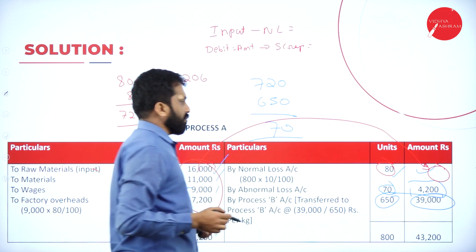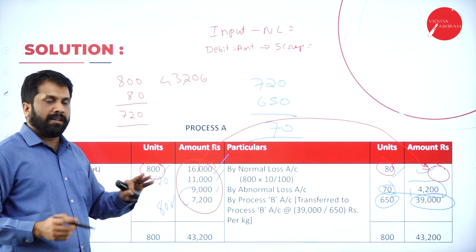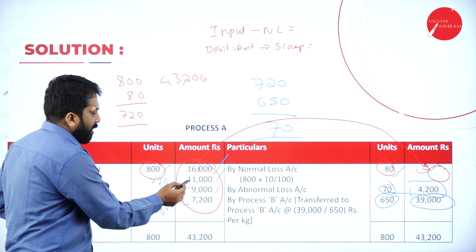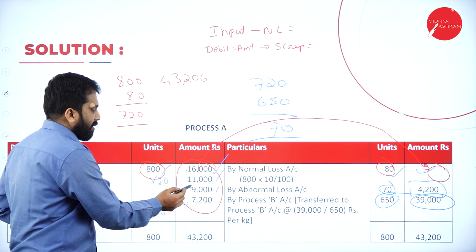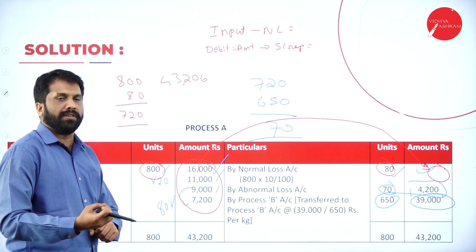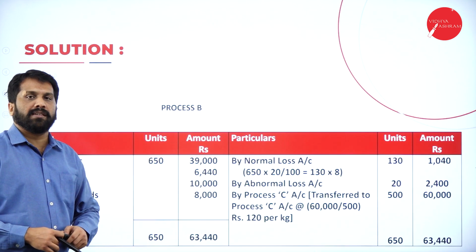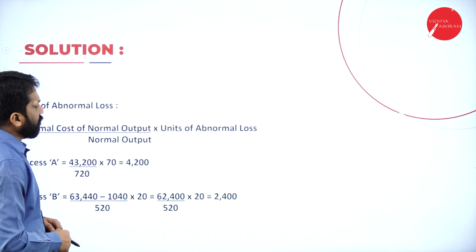In this problem we don't have any scrap value, so we take only the debit side amount. Now I'll show you. 16 plus 11, 27, plus 9, 36, plus 7, 43,200. 800 minus 80 is how much? Yes, 720. Now I'll show you the calculation.